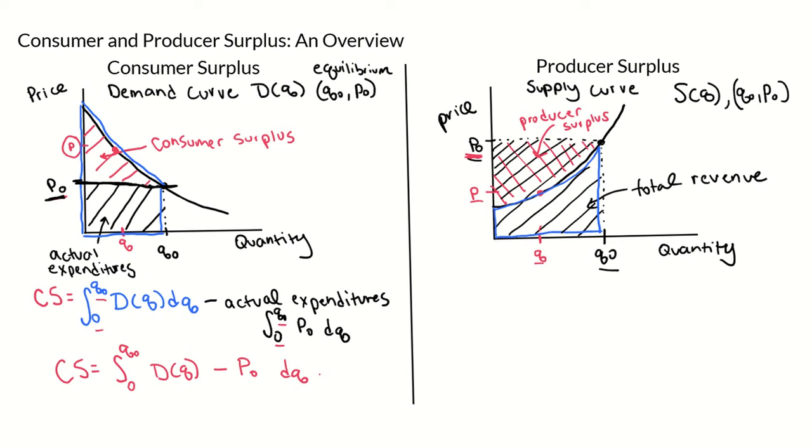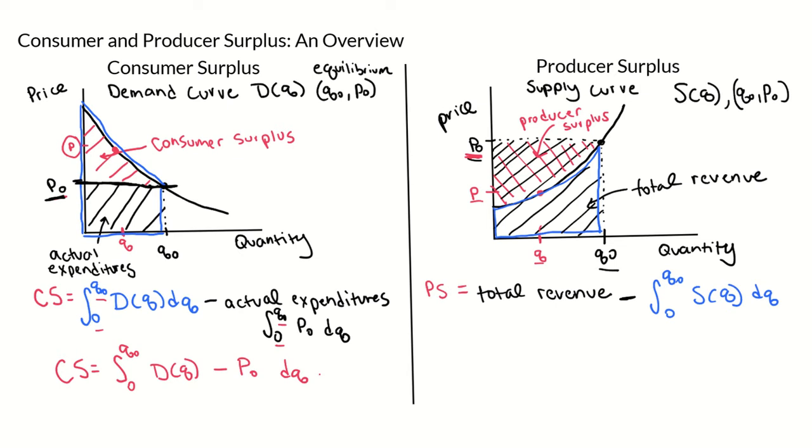So the producer surplus is going to be equal to the total revenue minus this blue area, or the area under the curve, which is integral from 0 to Q0 of S of Q dq.